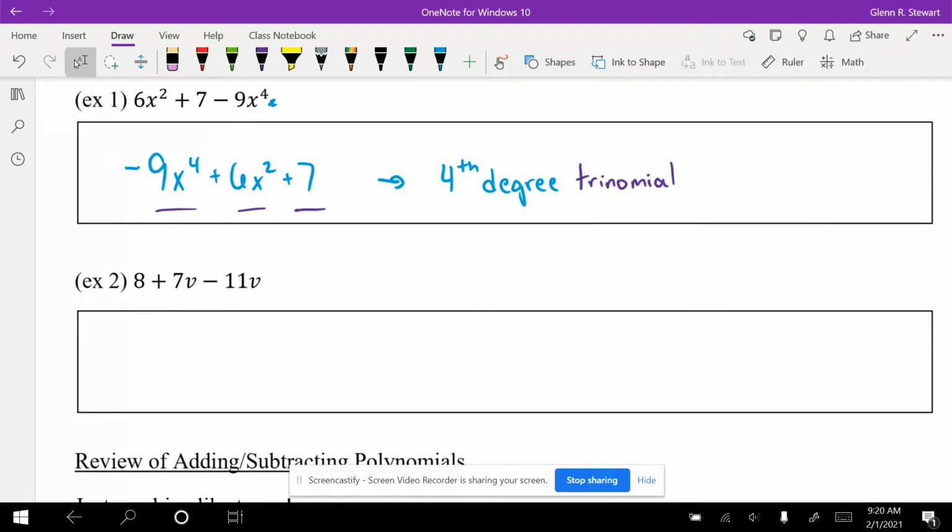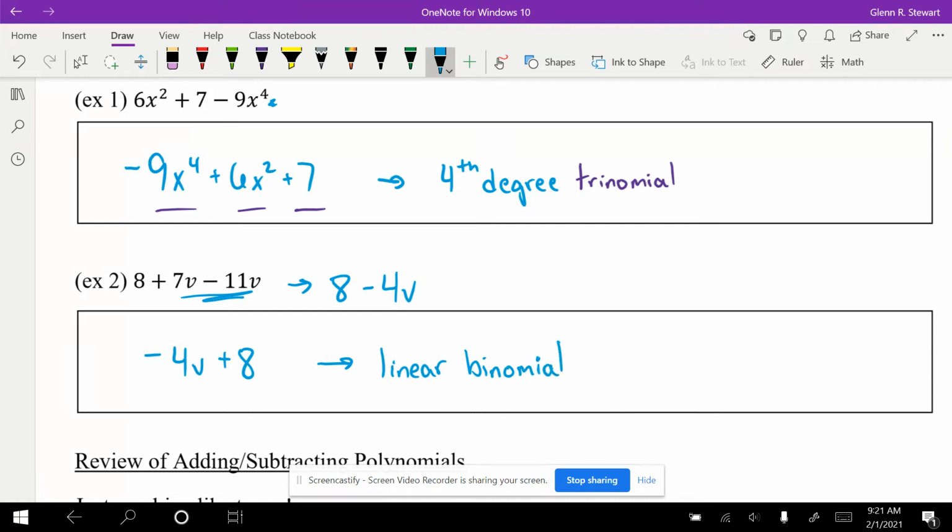Example number 2, 8 plus 7v minus 11v. You always want to make sure to try and combine these terms if you can. So combine your like terms before you go ahead and start naming things. So 8 minus 4v, so I'm going to rewrite that as negative 4v plus 8, which then is a linear binomial.